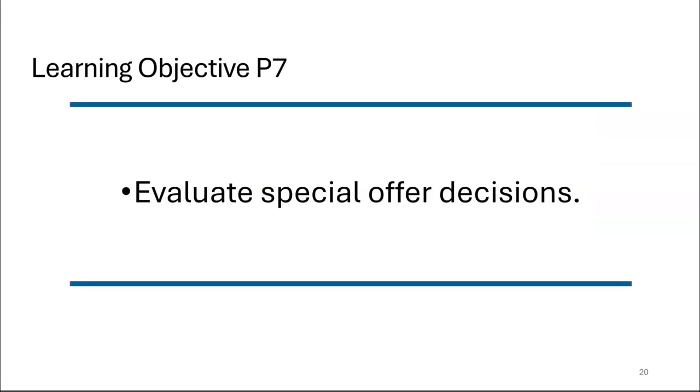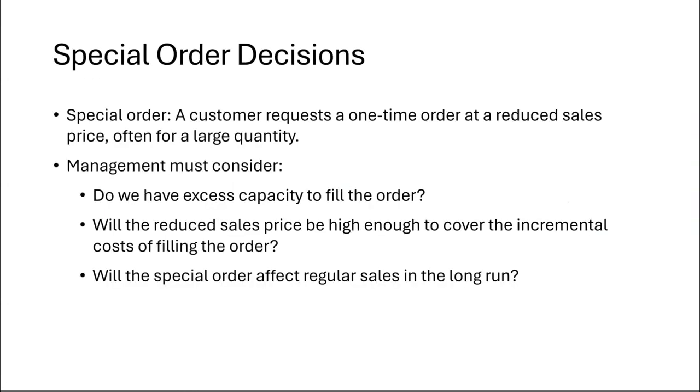Now, what about special offers? When we have special orders, you have to be very, very careful about this when you're in business. It has to be one-time only. It should not be from somebody you normally sell to, because once you do this with a particular customer, they're going to think you should do it all the time.